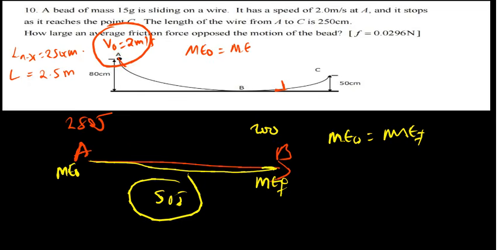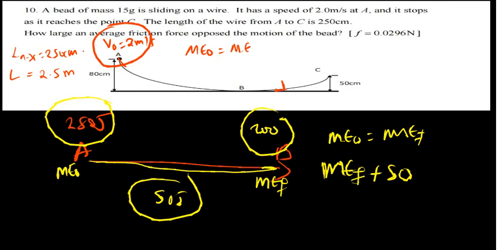But as we want to balance, point A has to be equal to point B. So for me to get the 250, am I not supposed to add the mechanical energy final plus the friction work, which is 50? So 200 plus 50, then I'm getting back to 250. Have you seen?